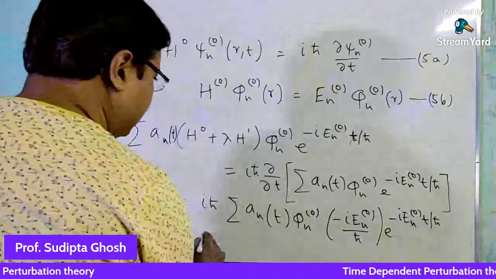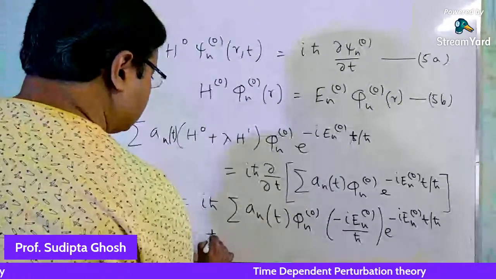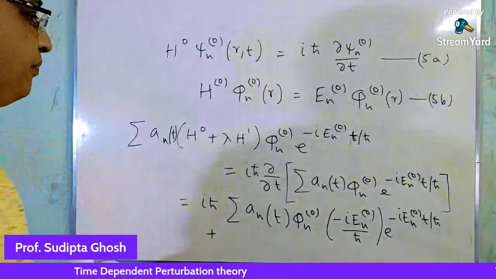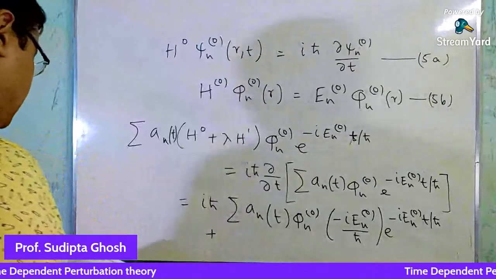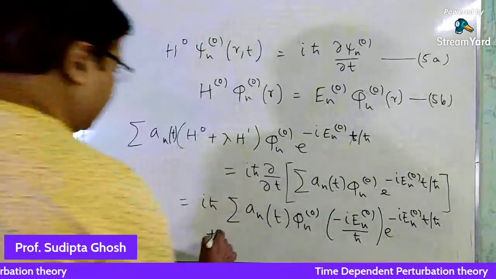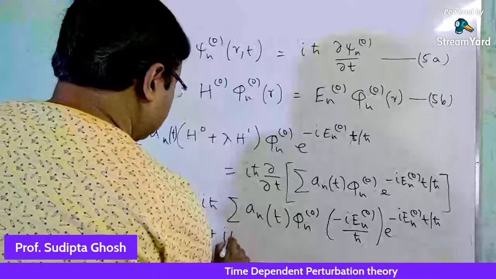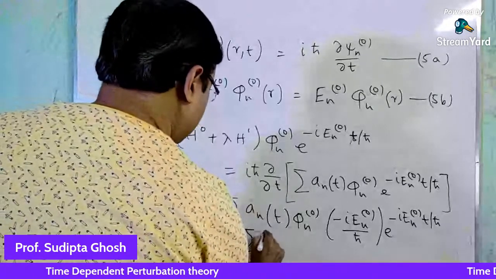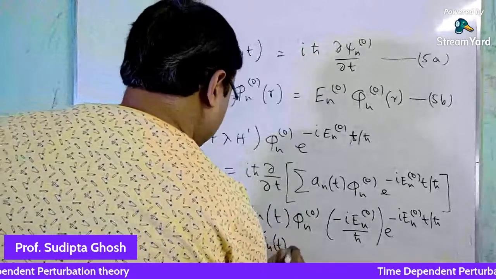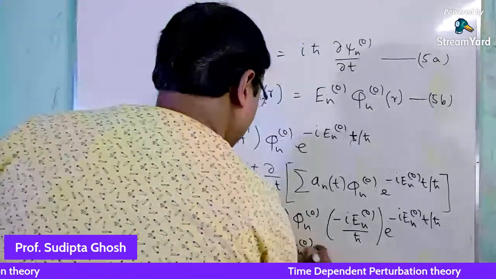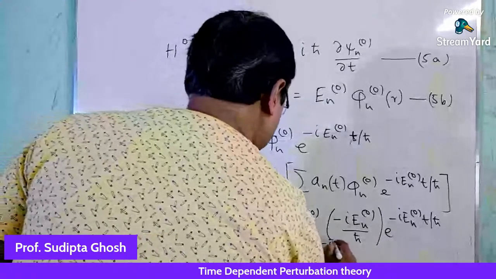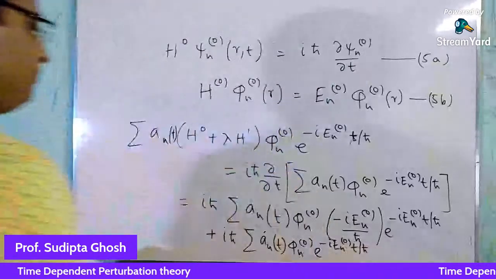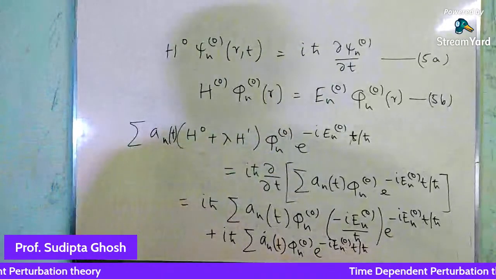So again the second term will be plus i h cut del by del t of, and then the second term, that is i h cut summation of a n dot t phi n0 e to the power minus i En0 t by h cut. So these are the two terms.